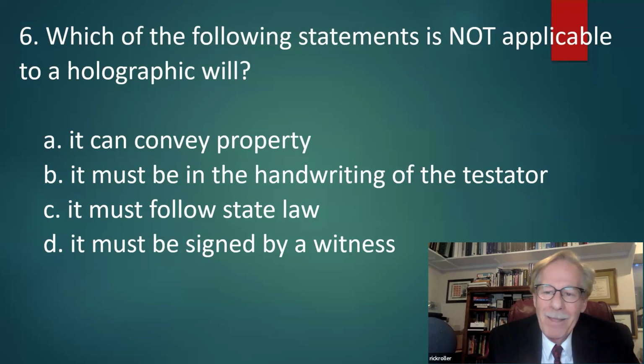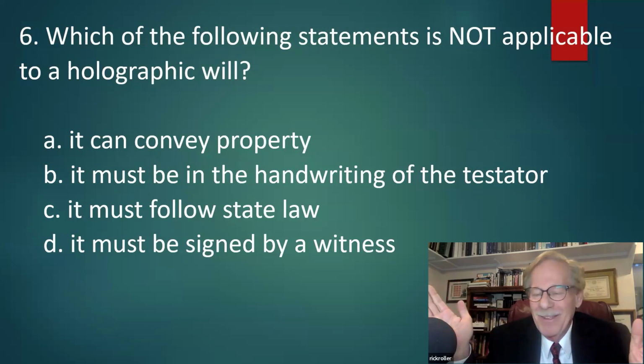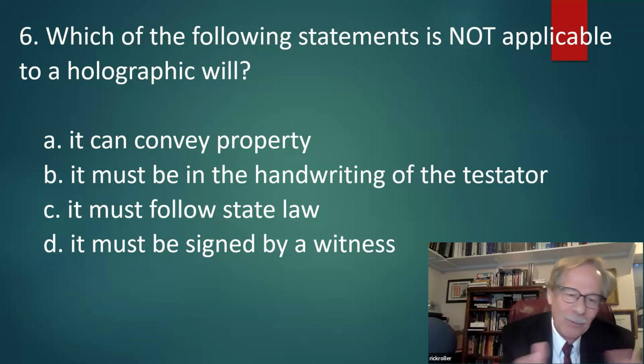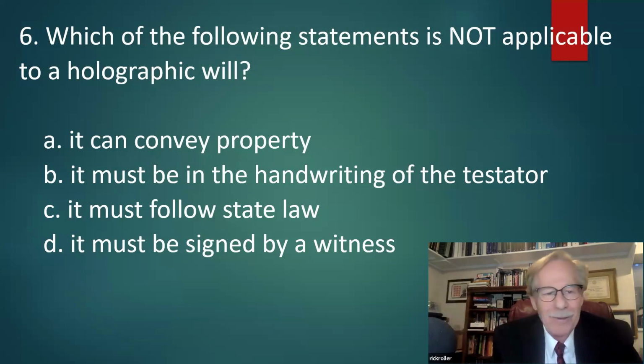He'd change his will all the time, so you had to figure out which will was good and which was not. He'd just write a new one. It was kind of an interesting situation. But anyway, let's look at number 6.